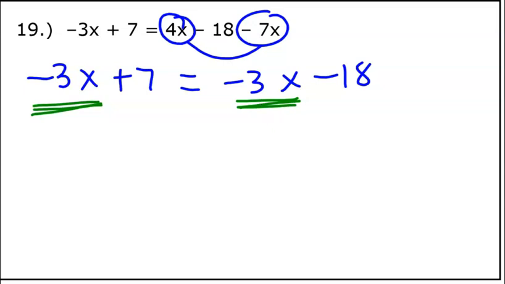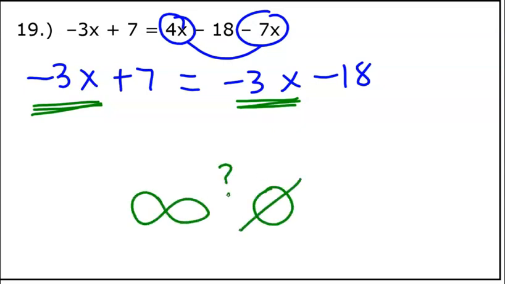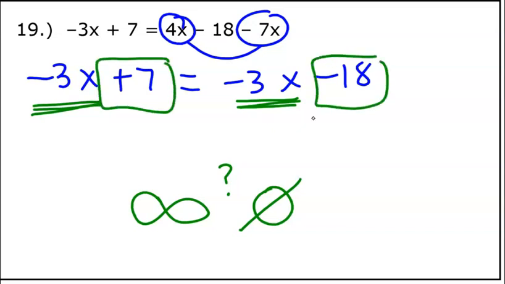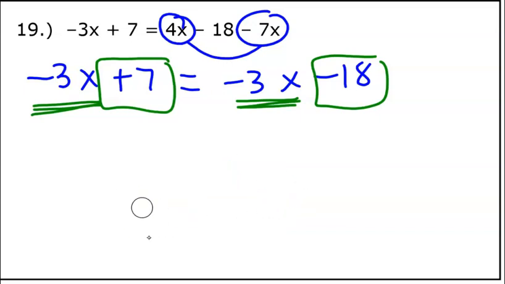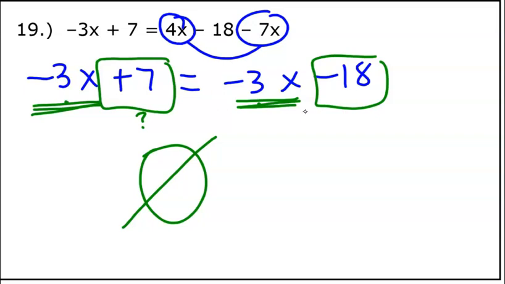And anytime that happens, we know we've got a special solution. Now which one we have depends on the constants. If the constants are the same, that would be infinite. But in our case, the constants are different. So that means that we have no solution. Matching variable terms with different constants results in no solution.